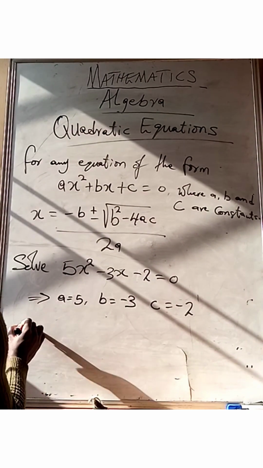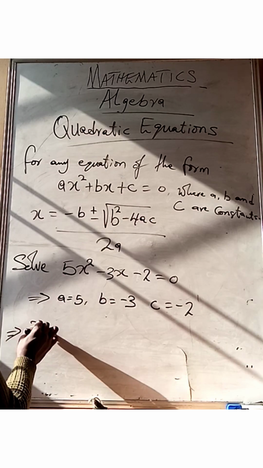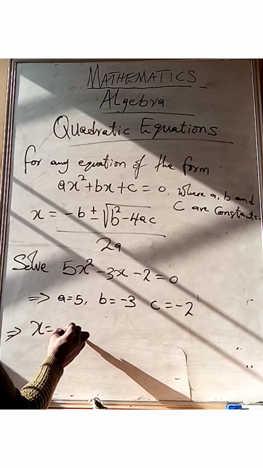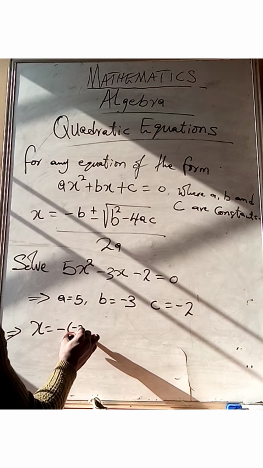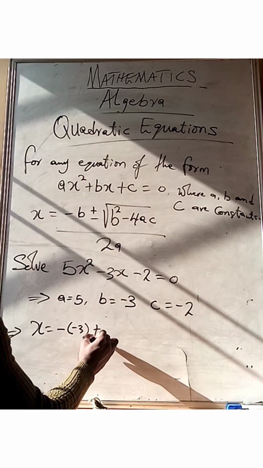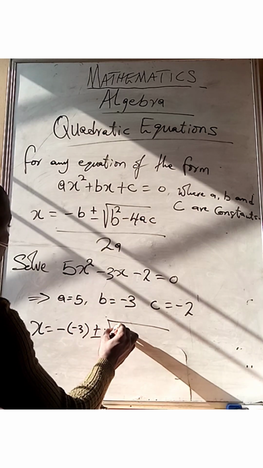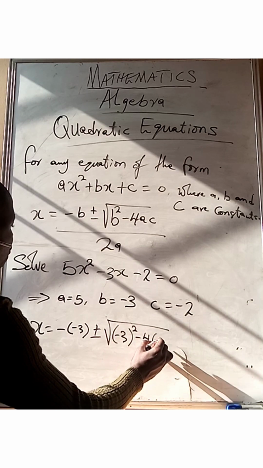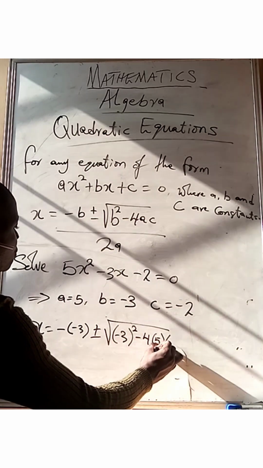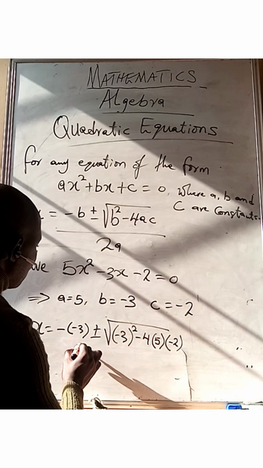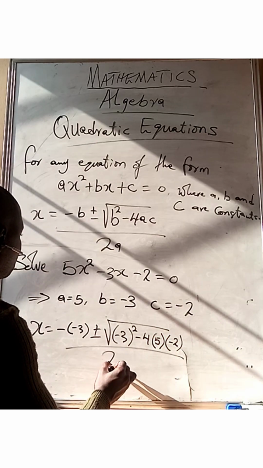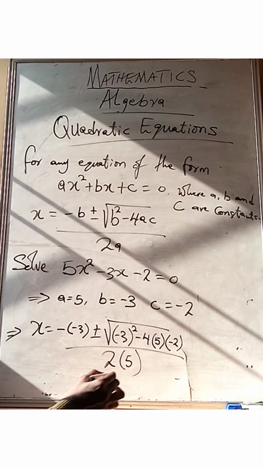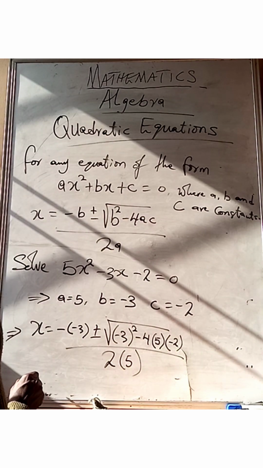So it implies x is equal to negative bracket negative 3, positive or negative the square root of negative 3 squared, minus 4 into 5 into negative 2, everything all over 2 into 5.